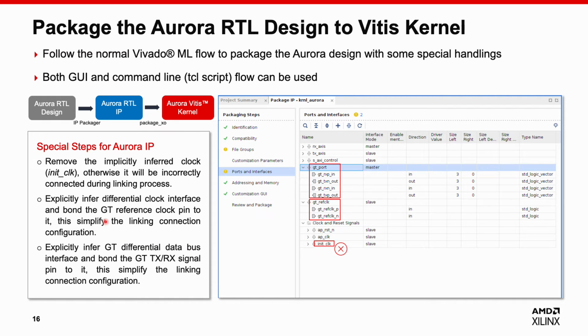Second, we manually infer and bind the GT reference clock pins to differential clock interface. Third, we manually infer and bind the GT data pins to the GT differential data bus interface. These two steps can simplify the connection setting in later linking steps.